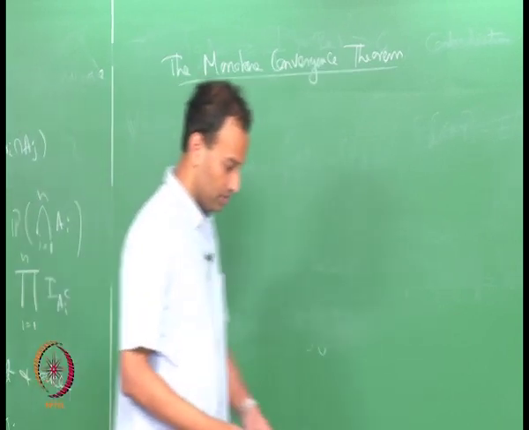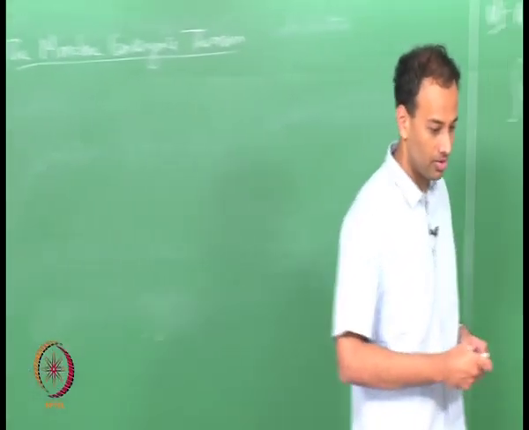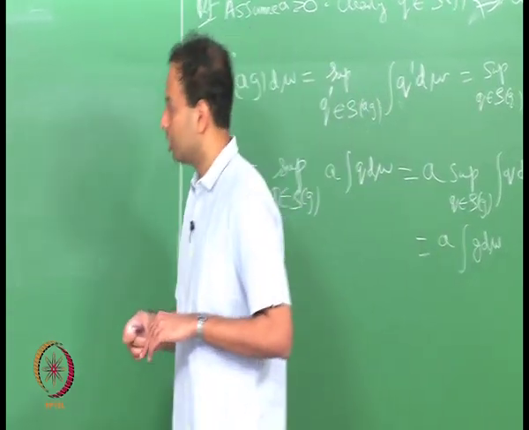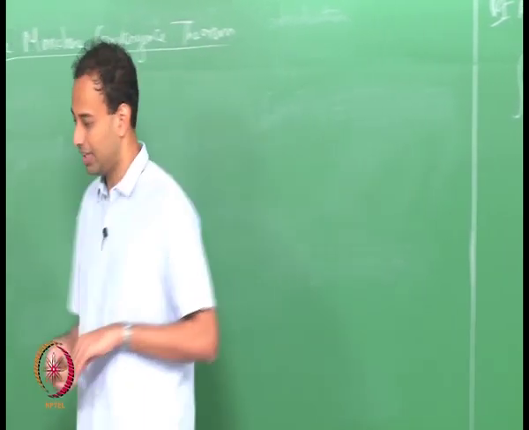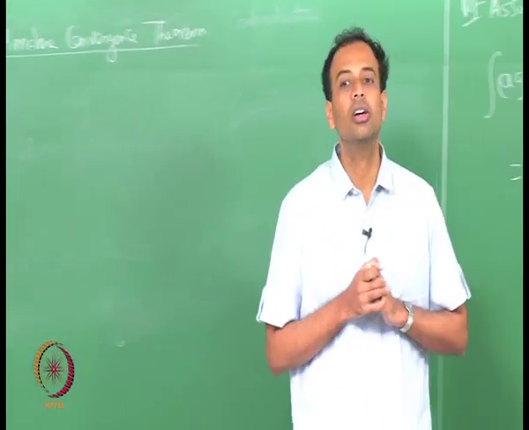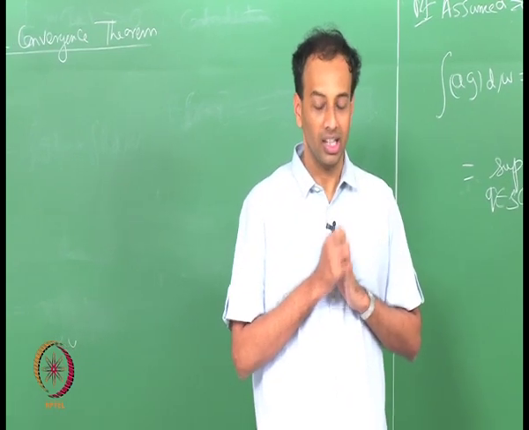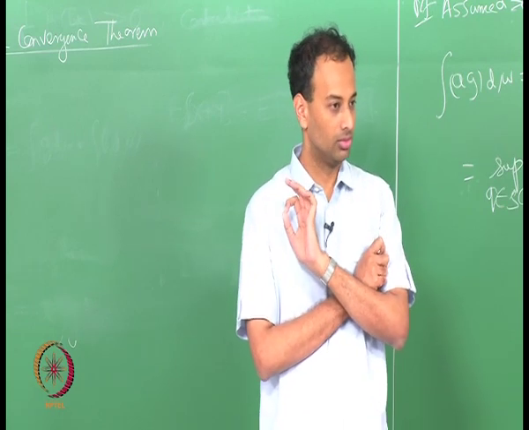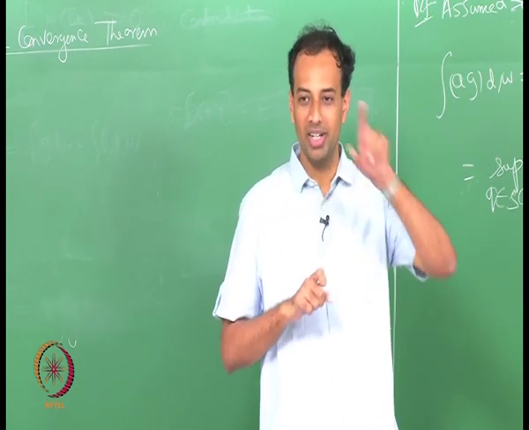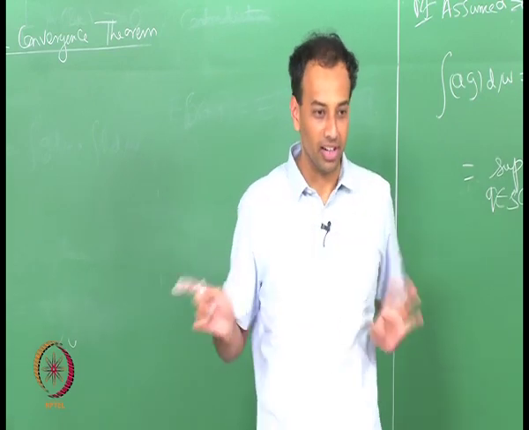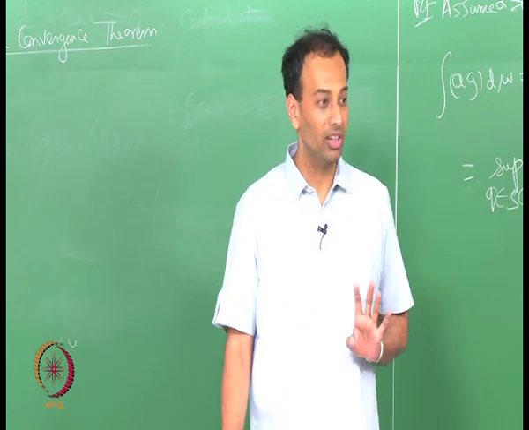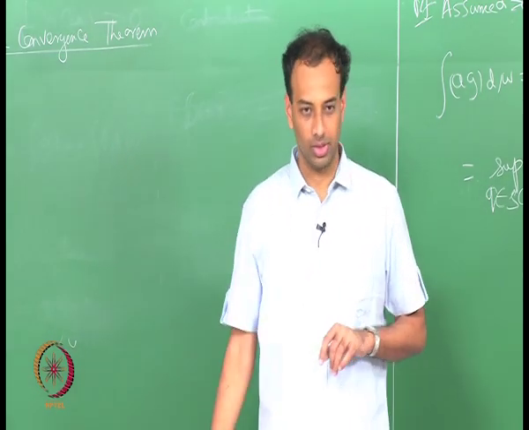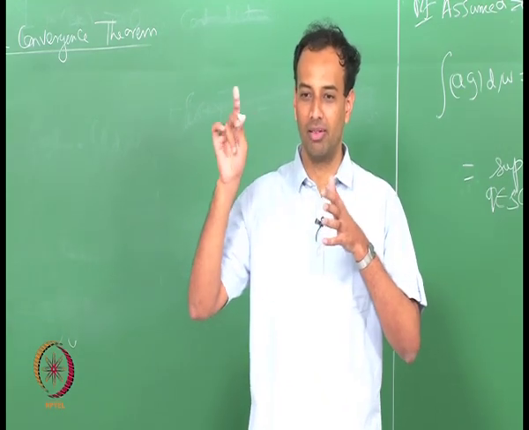This monotone convergence theorem, as I said, is probably the most important theorem in all of integration theory. Qualitatively, what does it do? It gives you a condition under which you can interchange limit and integral. Normally, if you have the limit as n tends to infinity of the integral of f_n, a sequence of functions f_n, integral f_n d mu, or you can think of it as integral f_n dx if you like.